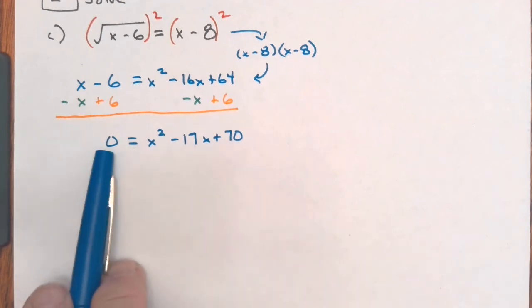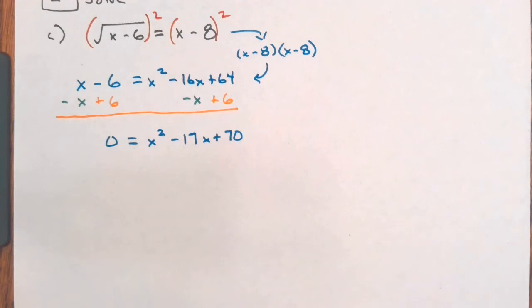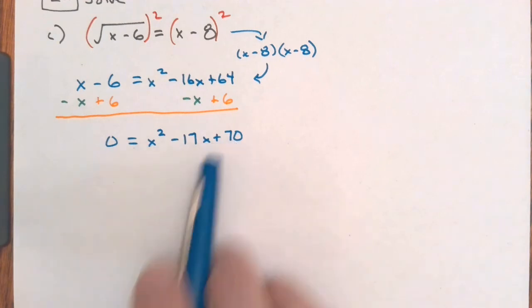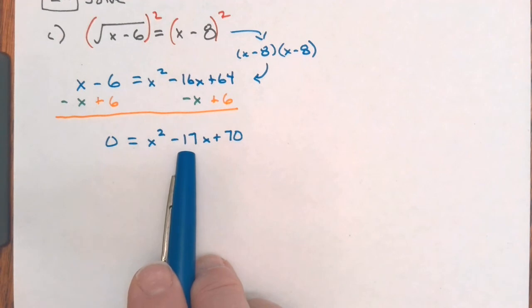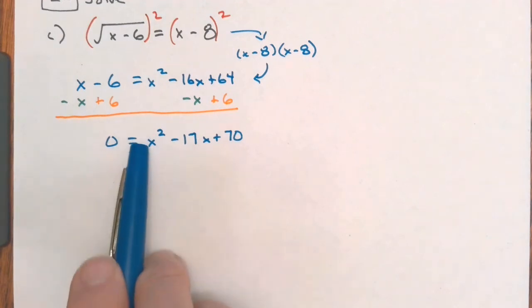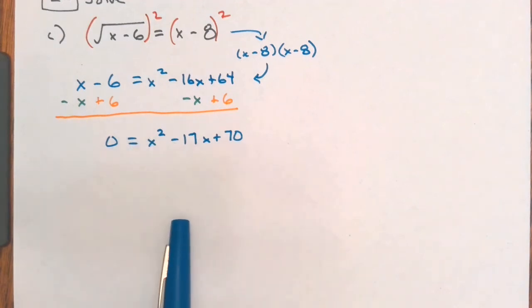So to solve this, I do want 0 on one side of our equal sign. Then from there, you can go through, and since this is a quadratic, either try to factor or use the quadratic formula. I'm going to try to factor. There's nothing in common with those 3 terms. Looking for 2 numbers that add to be a negative 17 and multiply to be 1 times 70, which is 70.